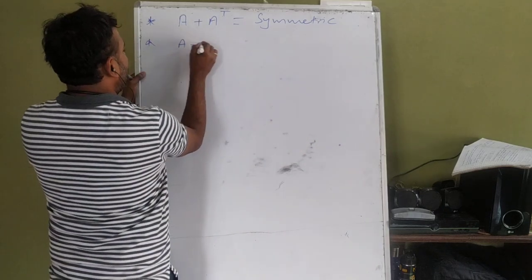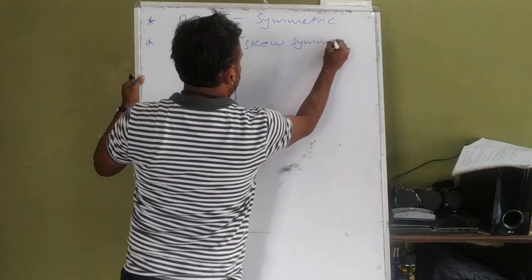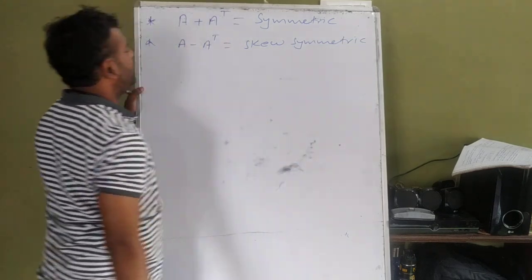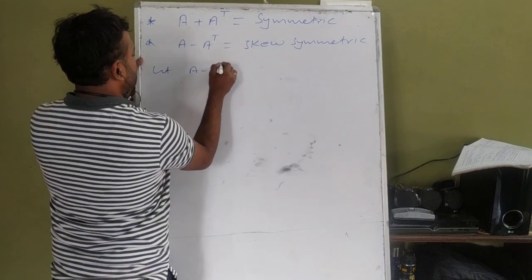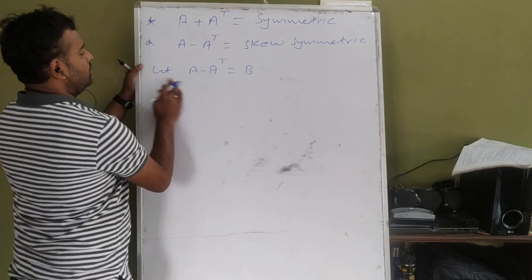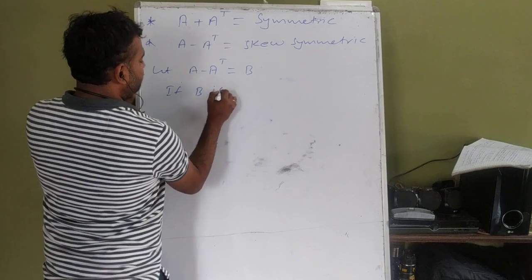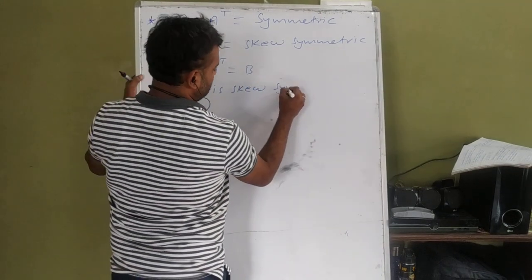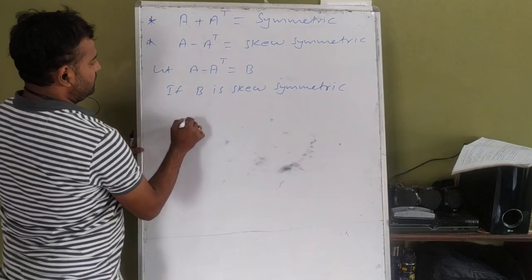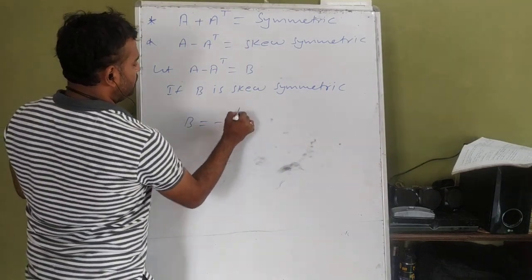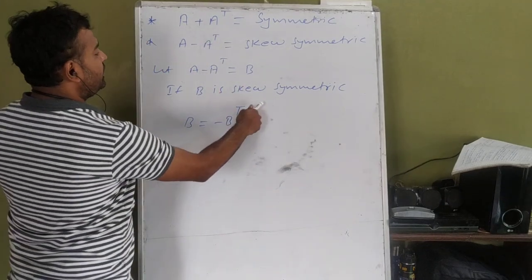Now, the second point: A minus A transpose is skew symmetric. Let A minus A transpose equal B. If B is skew symmetric, then we can say that B is equal to negative of B transpose.